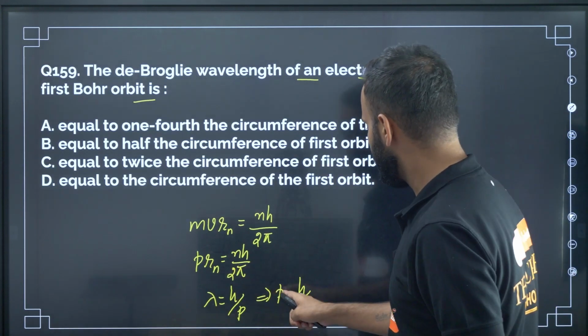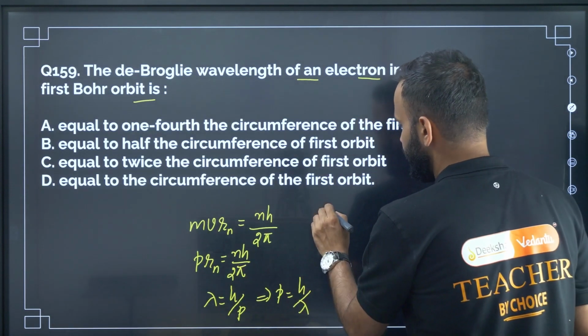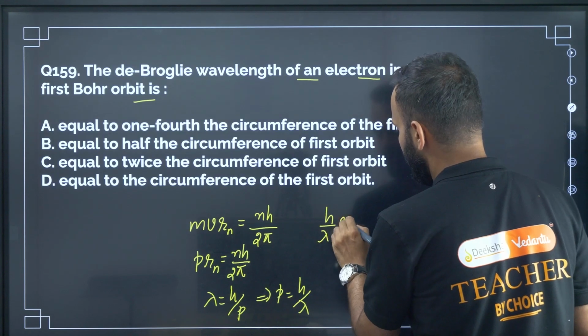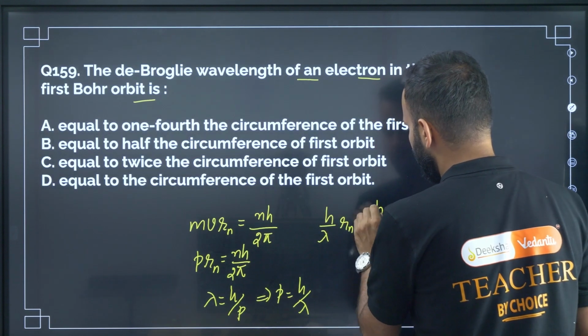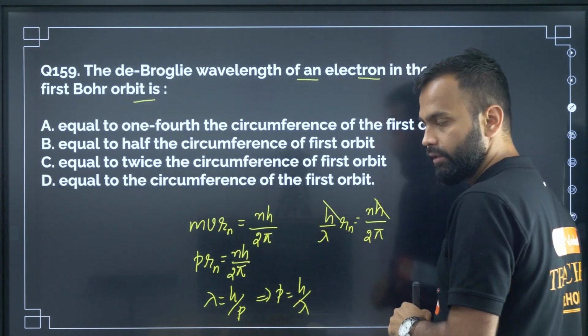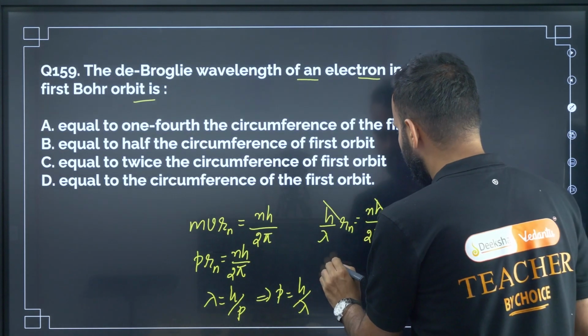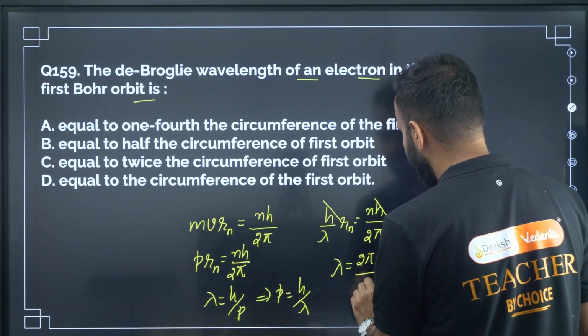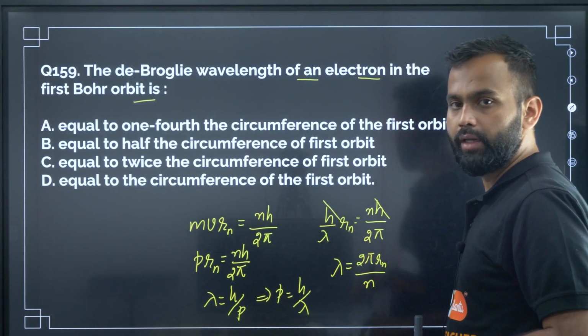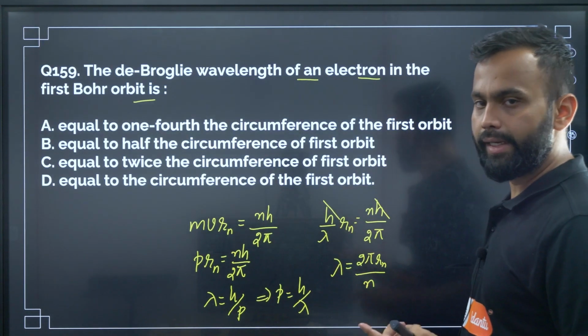Now substitute this P into the equation. h divided by lambda into r_n is equal to nh divided by 2 pi. Here h will get cancelled, so lambda is equal to 2 pi r_n divided by n, where r_n is the radius of the nth orbit.